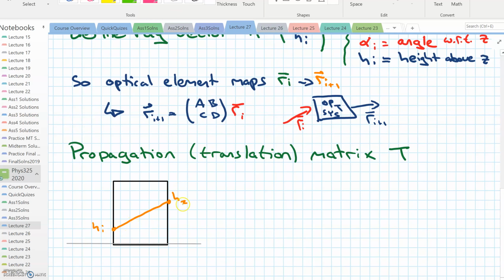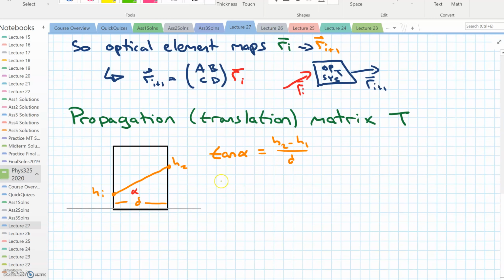And it's going to be at some fixed angle alpha with respect to the horizontal. So let's write down what this matrix is going to do. Just from geometry, we have tan of alpha is going to be equal to rise over run. That's a slope. And I guess we should give it a label. How far does it go? Let's call that D.